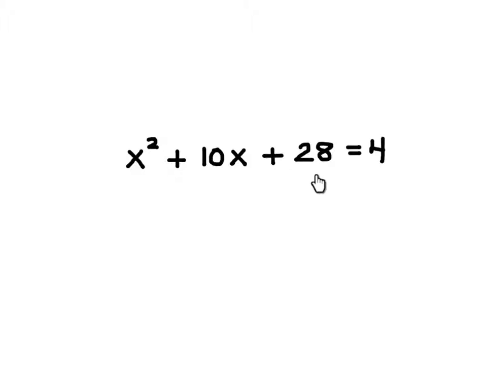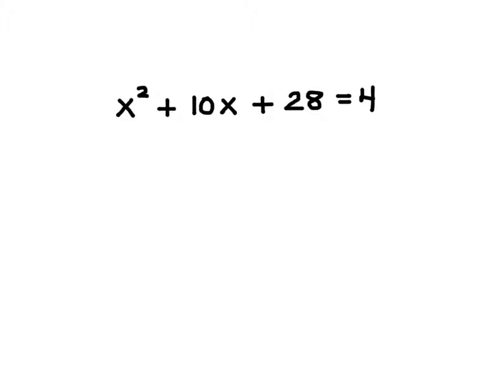Here's another example. In this example, the right-hand side is not 0. We don't want to factor the left-hand side if the right-hand side is not 0. So to make the right-hand side 0, we want to add the additive inverse of 4 to both sides. By adding a negative 4 to both sides, we end up with the following.